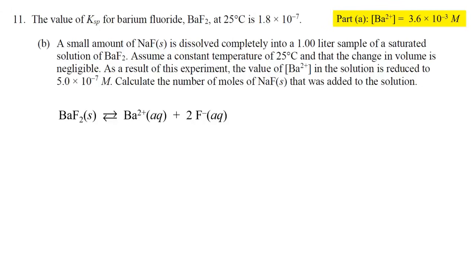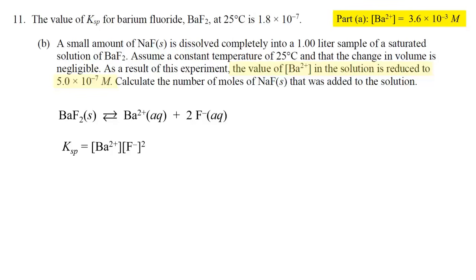So assume constant temperature of 25 degrees Celsius and that the change in volume is negligible when a small amount of this solid sodium fluoride is added. As a result of this experiment, the value of the concentration of the barium ion in the solution has now been reduced to 5.0 times 10 to the negative 7.